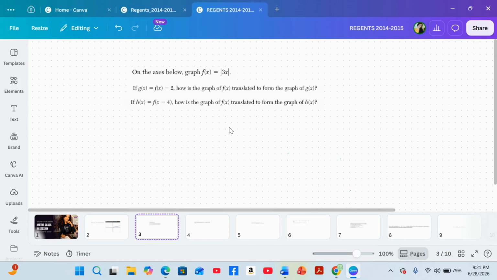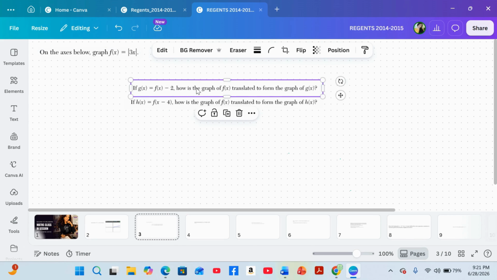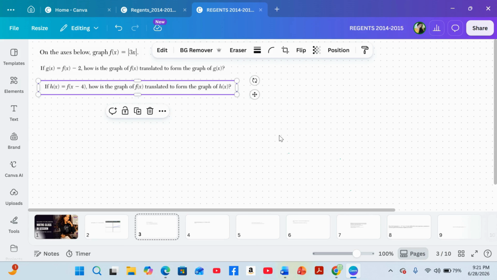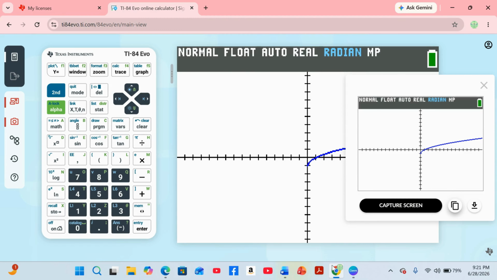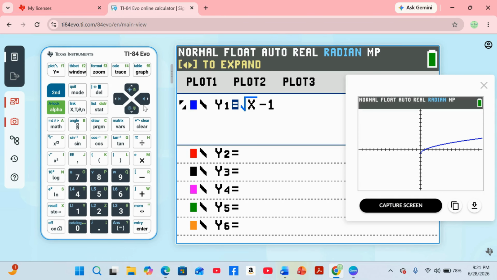Next question. Graph f of x equal to the absolute value of 3x, and then we have two other parts to do. So let's head over to the calculator. Absolute value of 3x. Clear this.